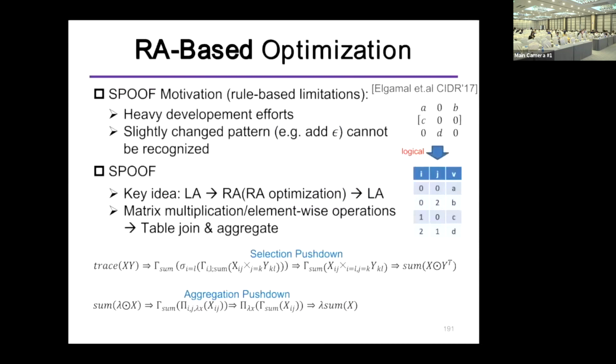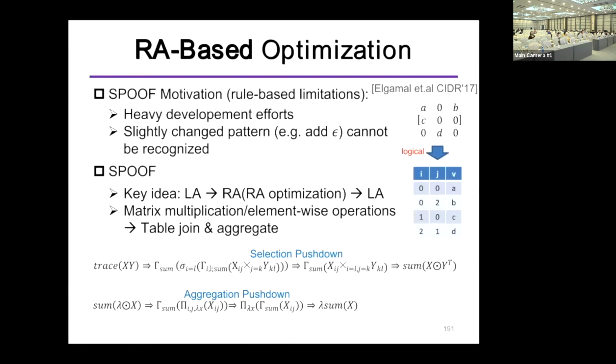So if the machine learning expression changes a little, the pattern cannot be recognized by the rules. So SPORES is proposed. The key idea is to transform LA to relational algebra, and then use the typical relational algebra optimization and rewriting techniques to rewrite the relational algebra and then transform it back to linear algebra.